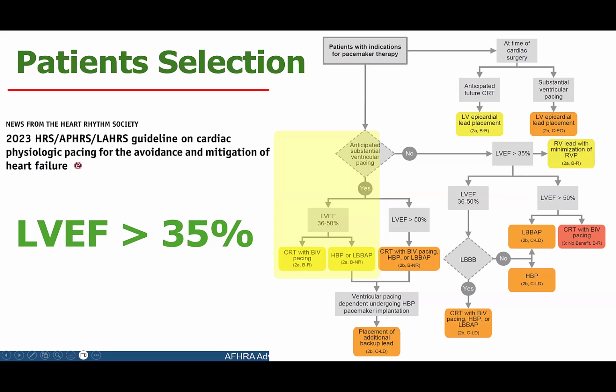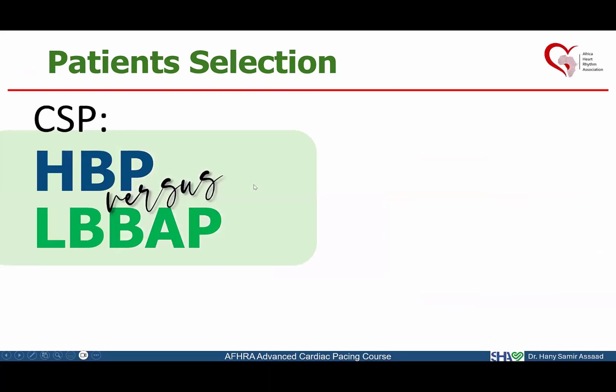So you have either way to choose if your patient has a starting ejection fraction of more than 35%, less than 50%, and anticipated substantial ventricular pacing.